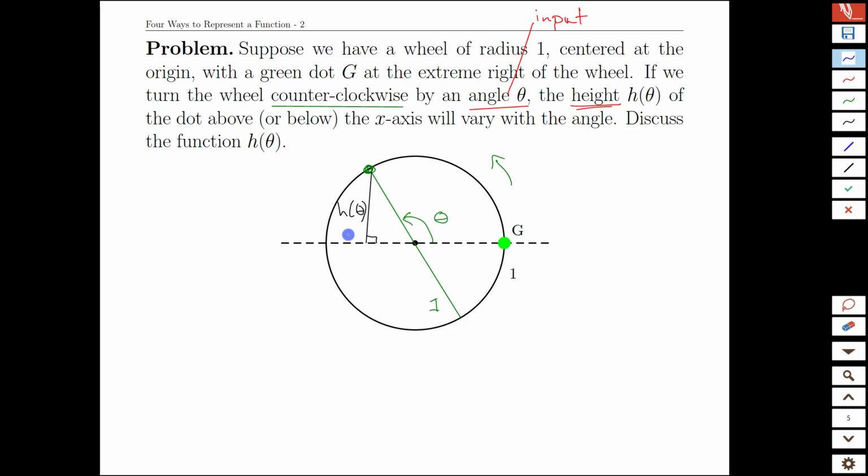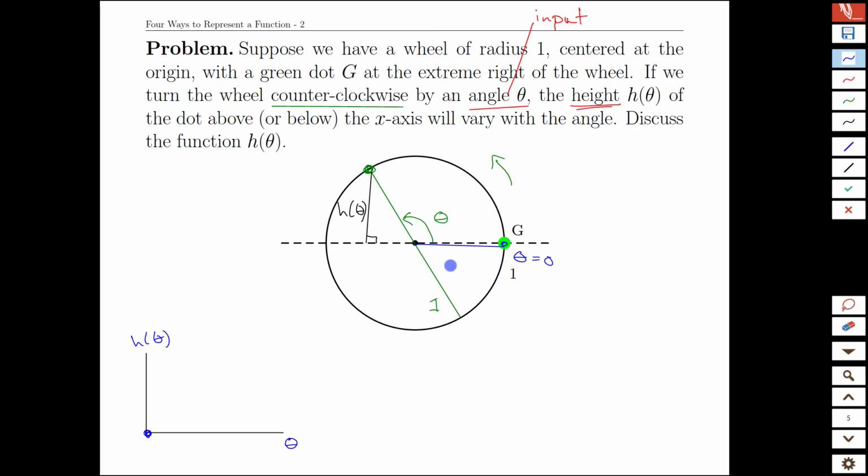One thing we might try at first is simply to sketch a graph of this relationship. So we draw ourselves some axes here and label them theta as the input and h of theta as the output. We can sketch a few sample points here. When theta is 0, the height is going to be 0 because we're not elevated above the line.